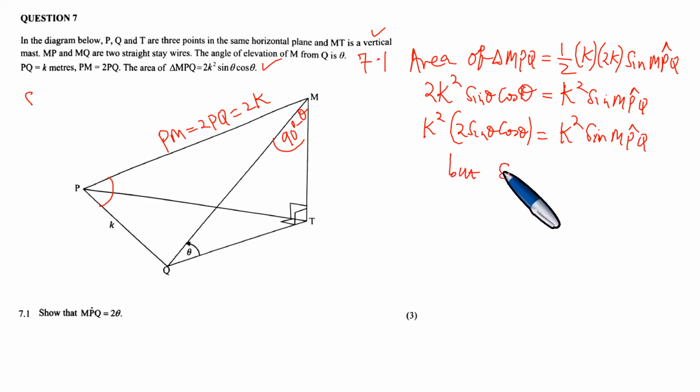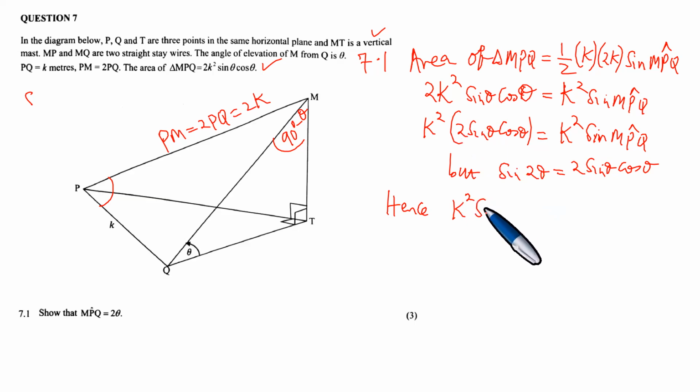But Mr. Examiner, we know that the trigonometric sine of 2 theta is the same as 2 sine theta cosine theta. So we put it here. Hence, this is K squared. Wherever there is 2 sine theta cosine theta, what do we have? Sine 2 theta.